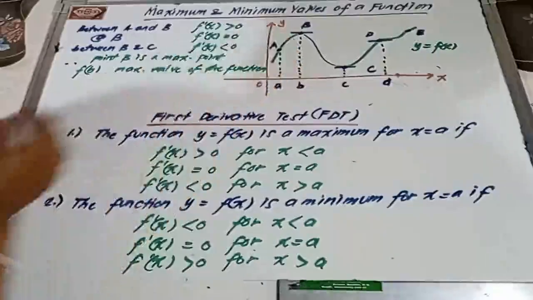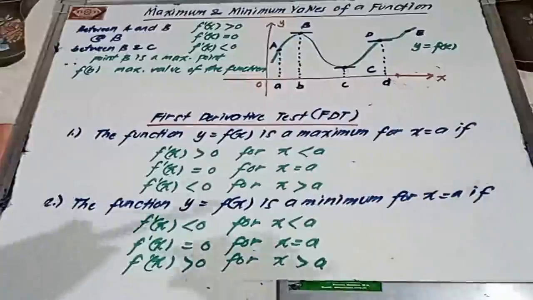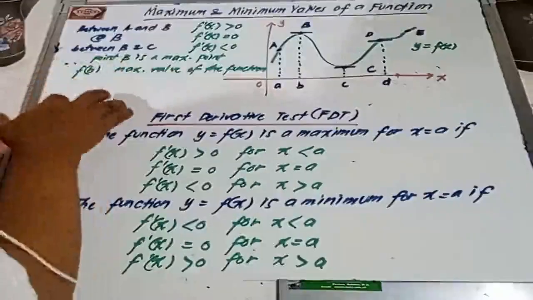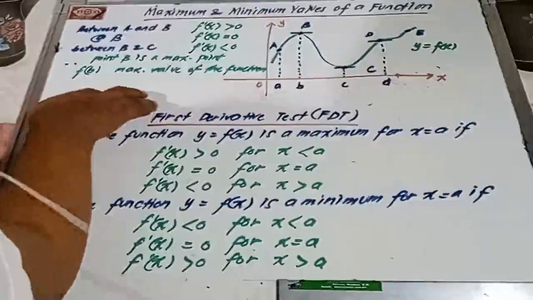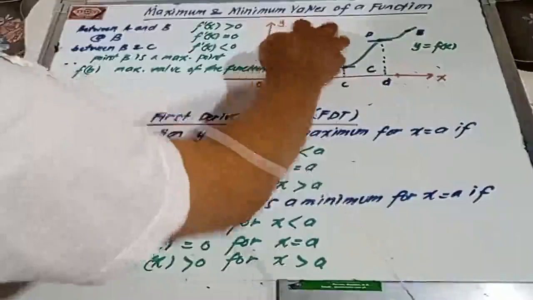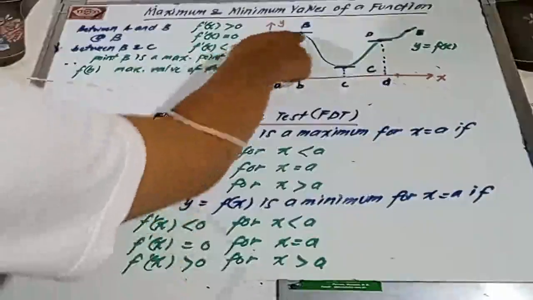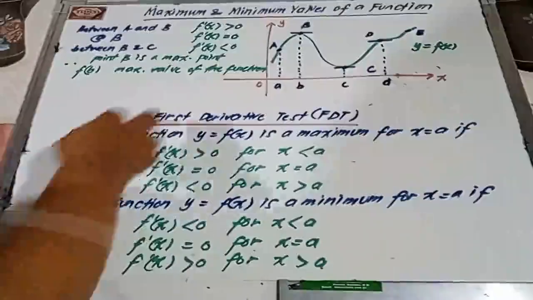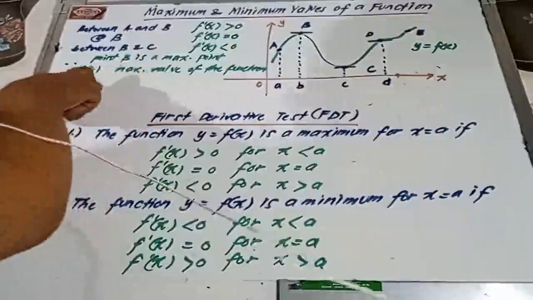Okay. Yan. So, anong mapapansin natin? Ulitin natin. Kapag ganito ang magiging trend of the slope of the tangent line, positive, 0, negative, yung point na yon is the maximum point. And the maximum value of the function is f of b.